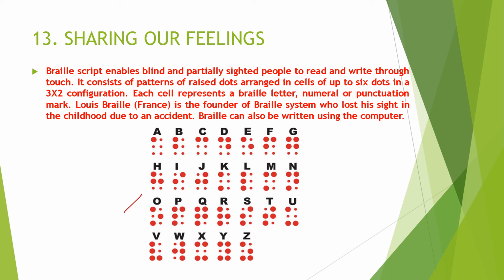This picture is showing 6 dots everywhere, raised dots arranged in cells of up to 6 dots in a 3 multiplied by 2 configuration, meaning 2 here and 3 here. Then each cell represents a Braille letter, numeral or punctuation mark.